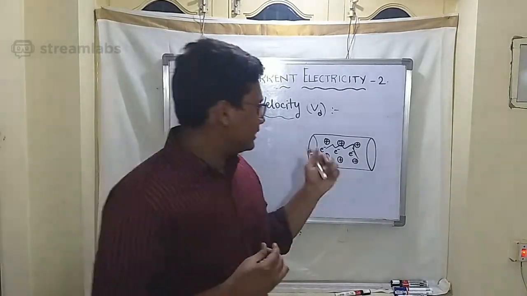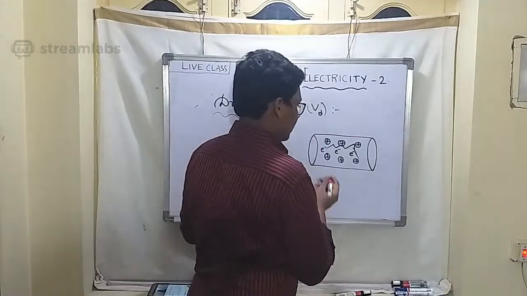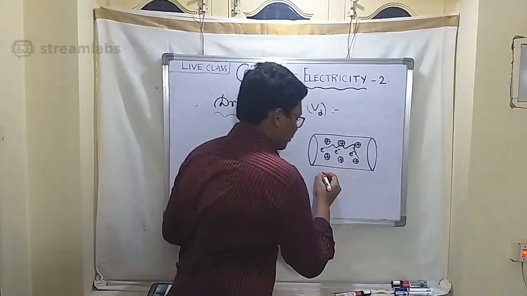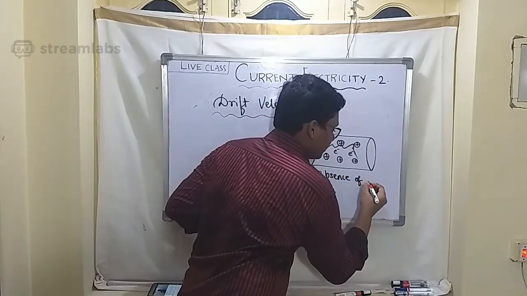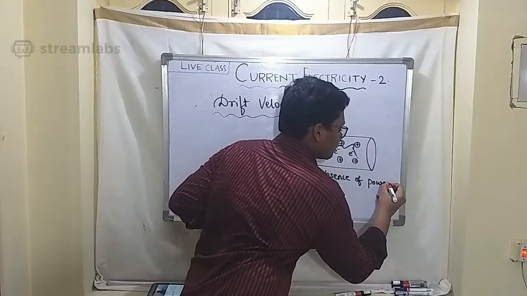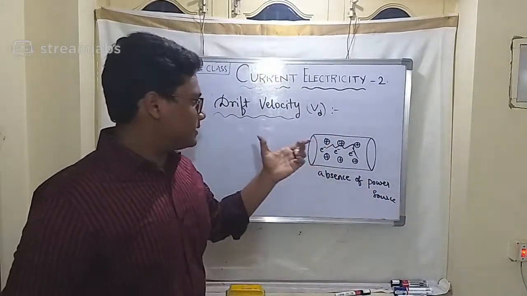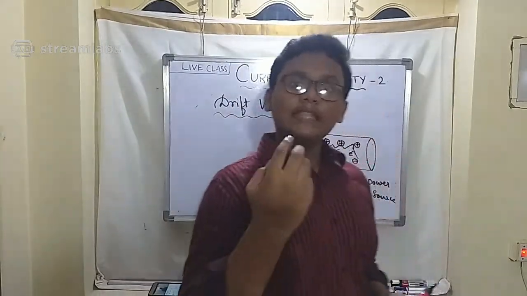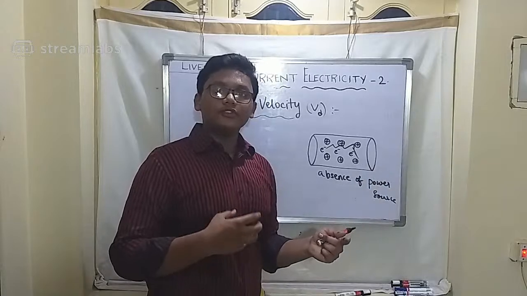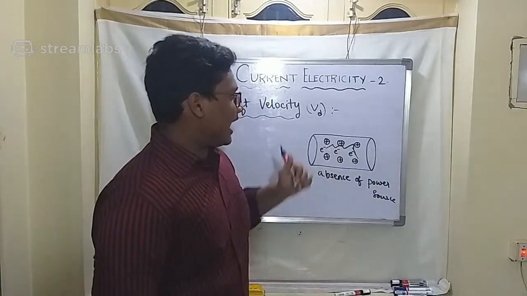This is the absence of a battery, the absence of a power source. The power source is not connected, so the electric field is not there. If an electric field were there, it would apply a force on the charge. So they will do random motion.